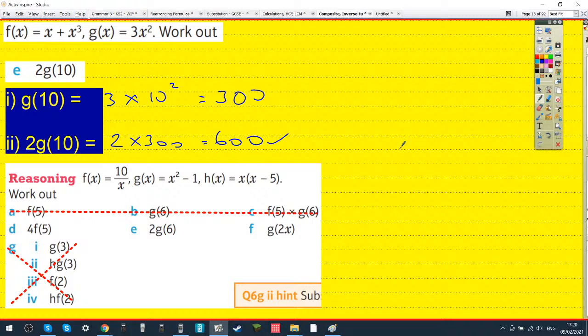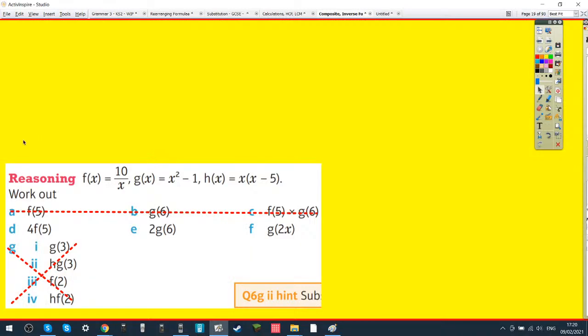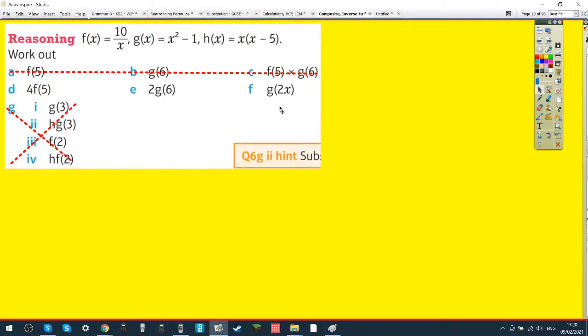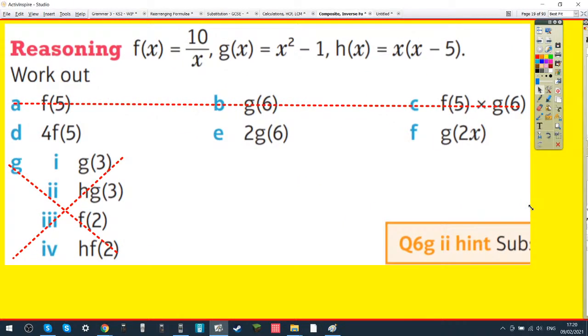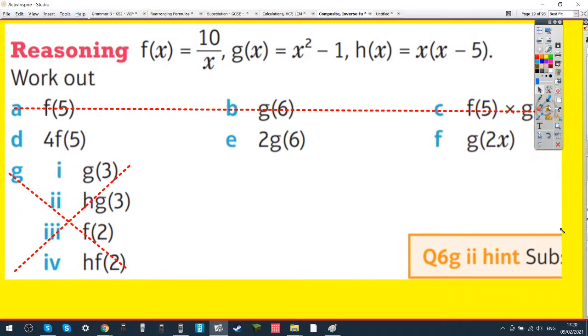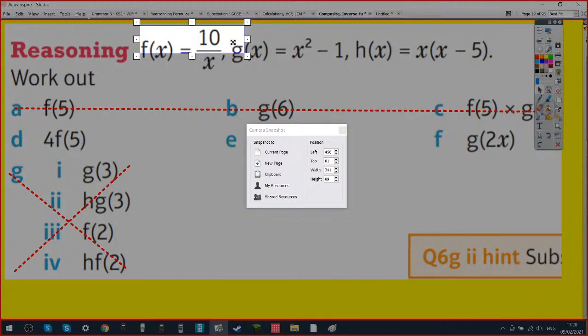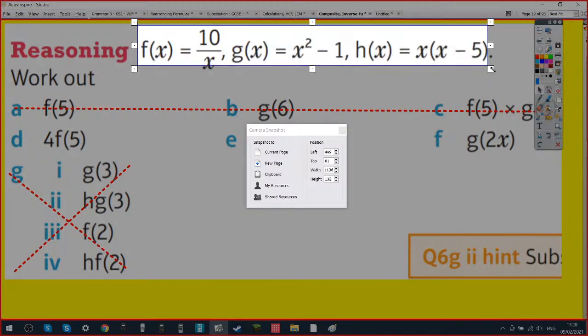All right, let's do the bottom one. Question D. 4F. Let's make it a bit bigger for you. So first you have to do F5, and F5 would be 10/5, which is 2.